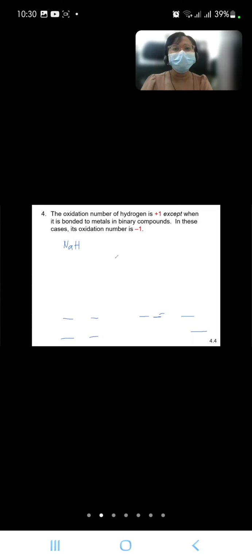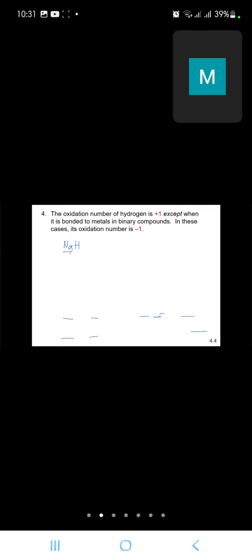Hydrogen here takes the +1 charge? No, negative, I'm sorry, because sodium is a metal. So sodium here is +1, while hydrogen is -1.